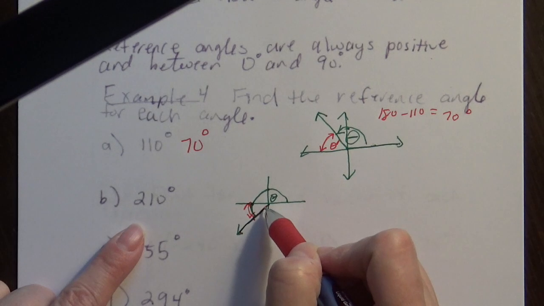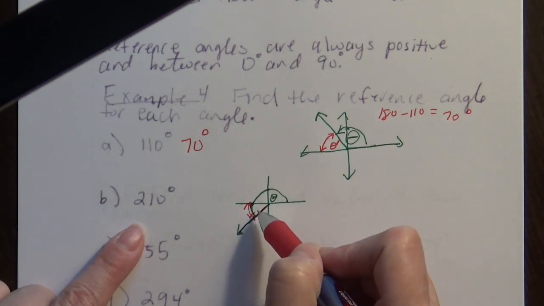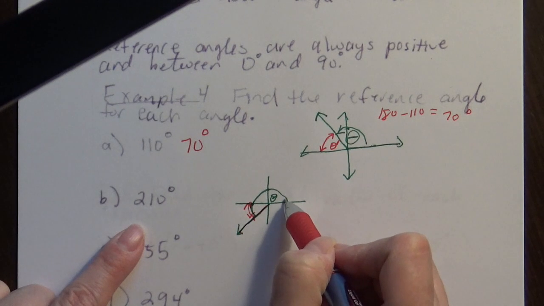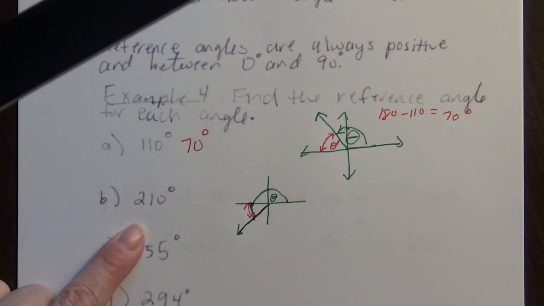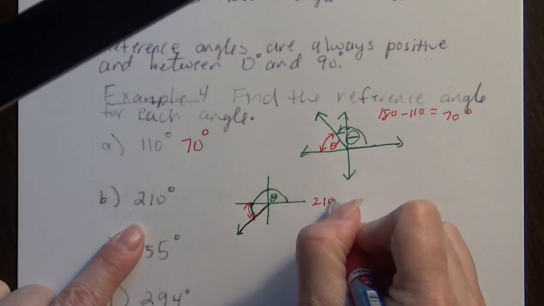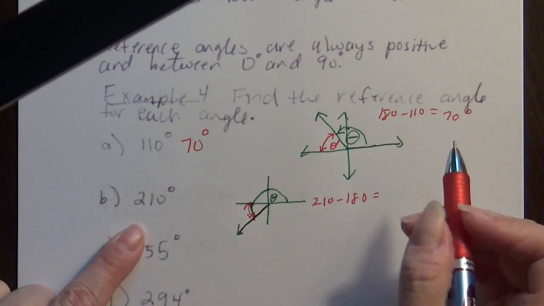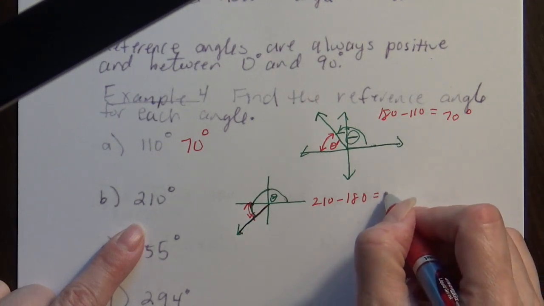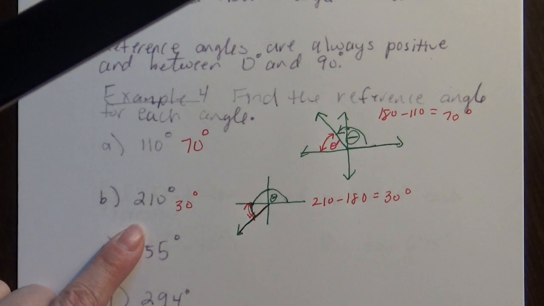This original angle was 210, and if we subtract this first part back here, the 180, that's going to give us theta prime. So 210 minus 180 gives me an angle measure of 30 degrees. So my reference angle is 30 degrees.